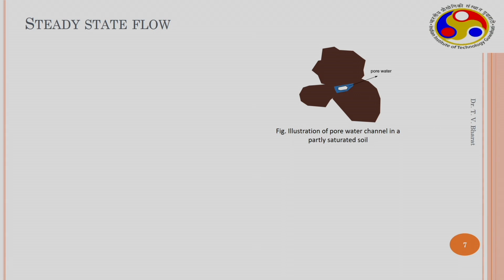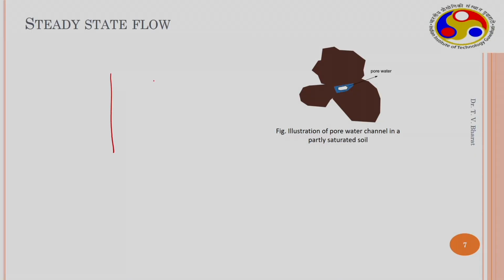And often in infiltration, you may have steady state infiltration that takes place through unsaturated soils, but we may not notice. For example, if you take a soil column, initially we maintain a certain head to saturate the soil sample.